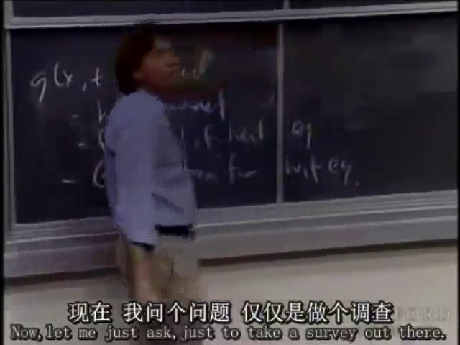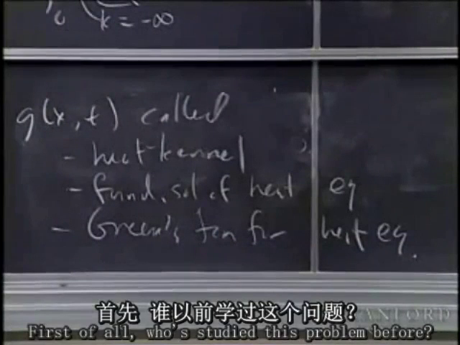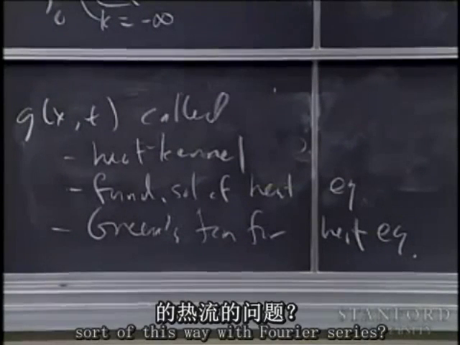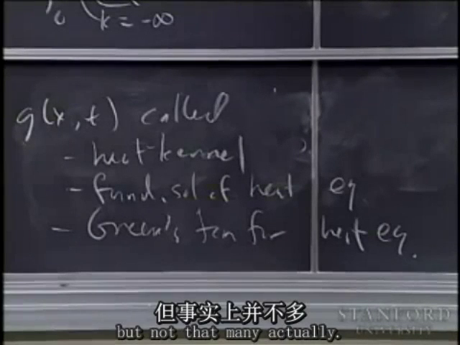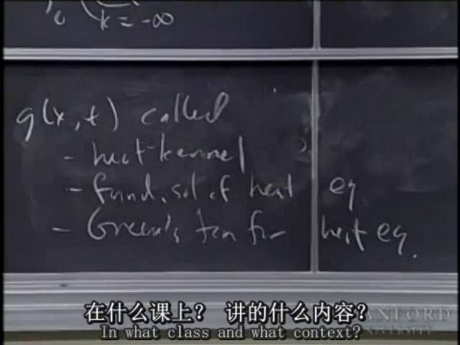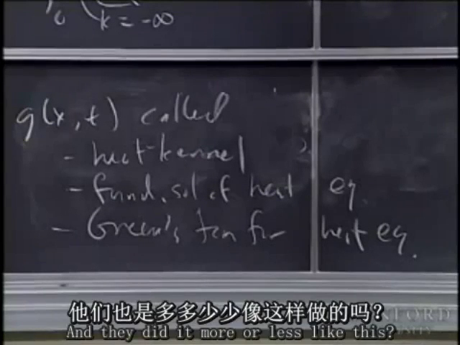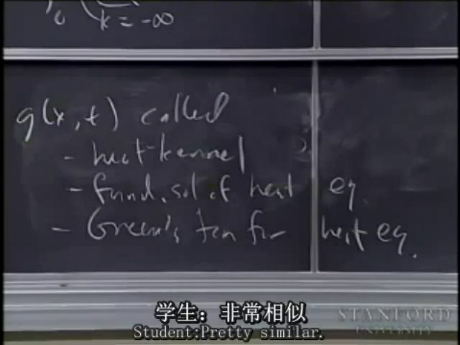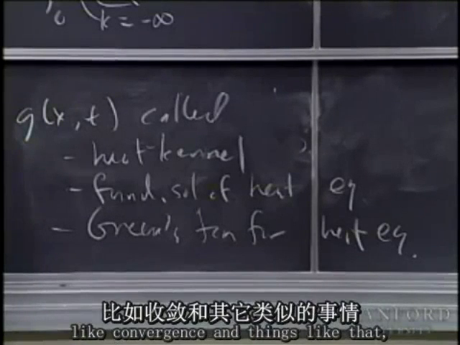All right, now let me just take a survey out there. First of all, who's studied this problem before? Who studied the problem of heat flow this way with Fourier series? All right, so a couple people, but not that many, actually. In what class or what context? I'm just curious. 131. Oh, is that right? Okay. And they did it more or less like this? Pretty similar. I mean, they probably worried about certain things like convergence, right?